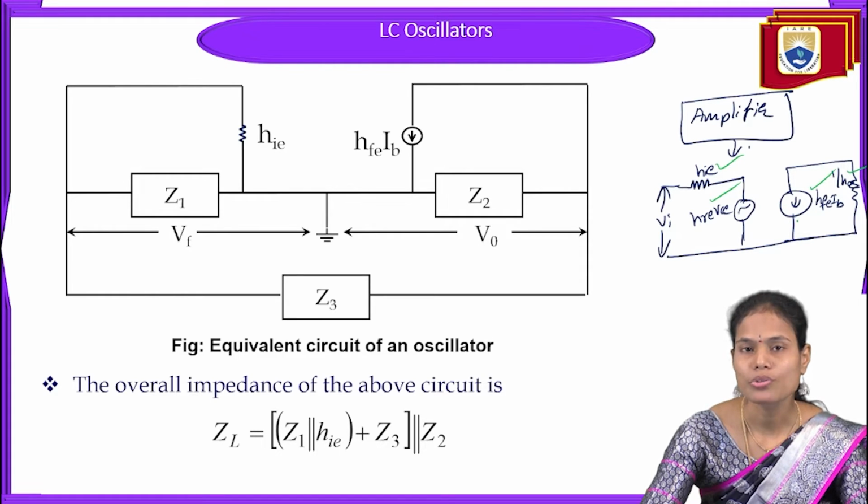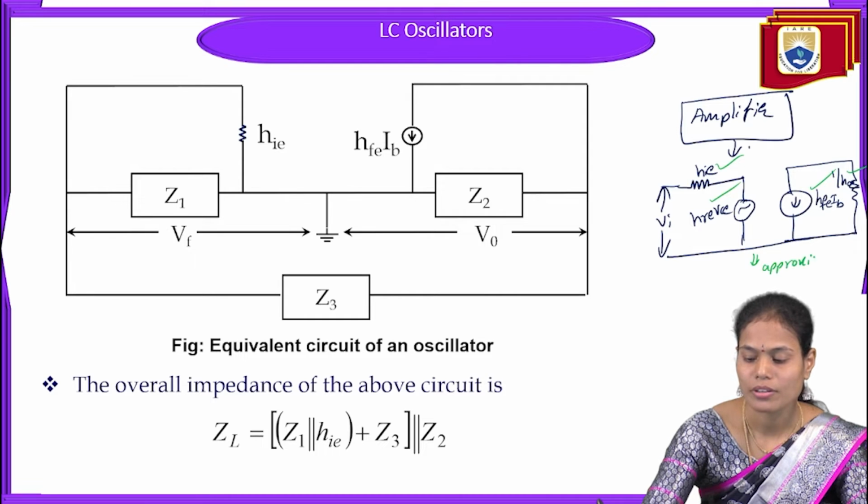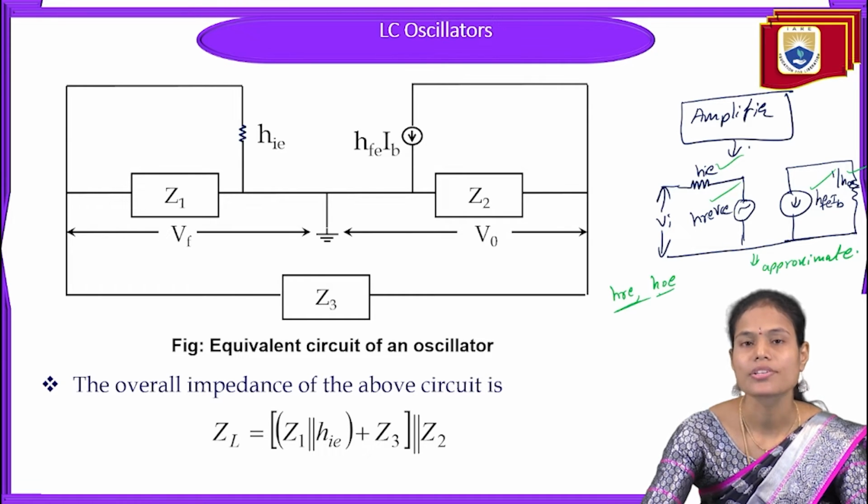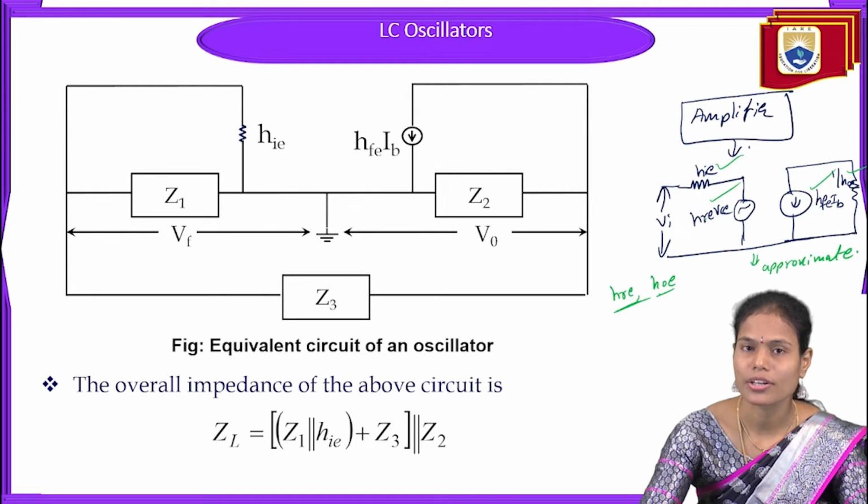But in order to simplify the analysis process, instead of taking this exact model, we are going for the approximate model here. In the approximate model, we are neglecting the hre as well as hoe terms. Why? Because the drop provided by this hre voltage is very small compared to the overall input current here. So that's why we can neglect this.